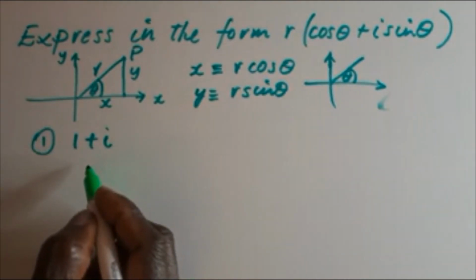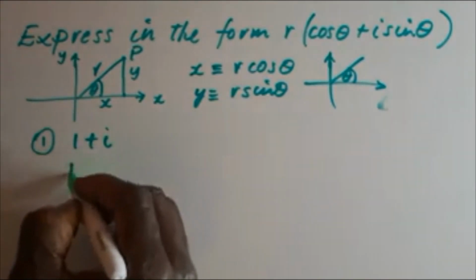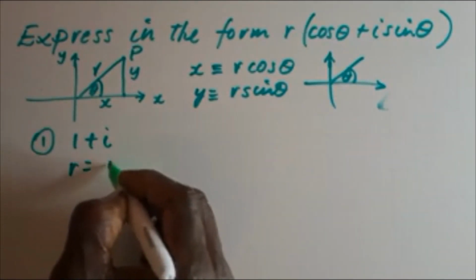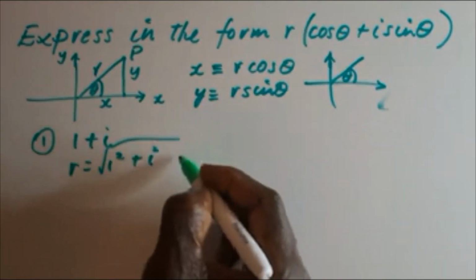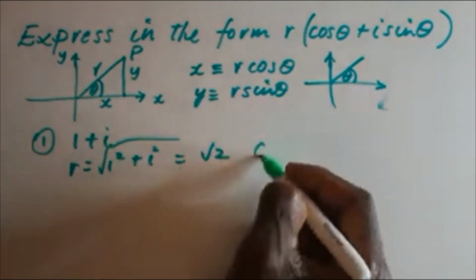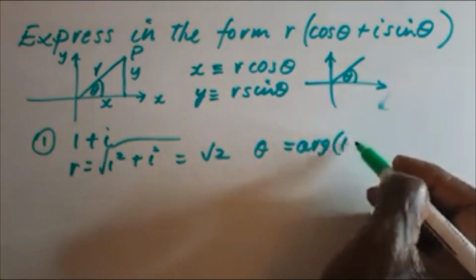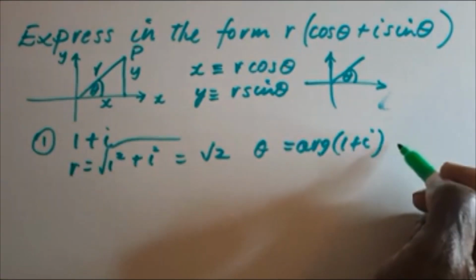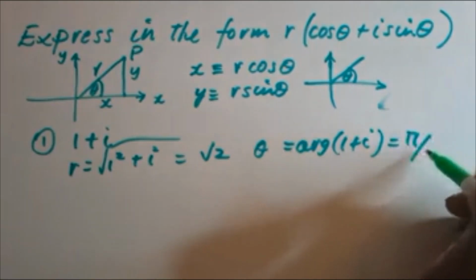So 1 add i, to find r, we have 1 squared add 1 squared, take the square root of that, gives us root 2, and theta is equal to the argument of 1 add i, which is pi over 4.